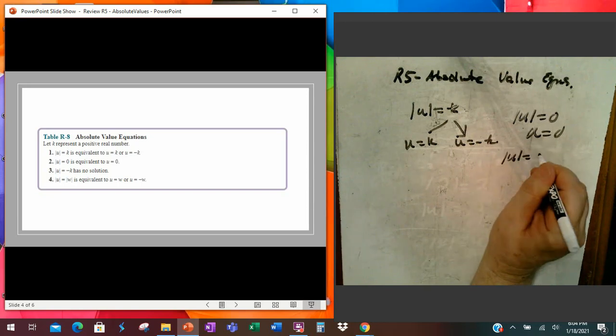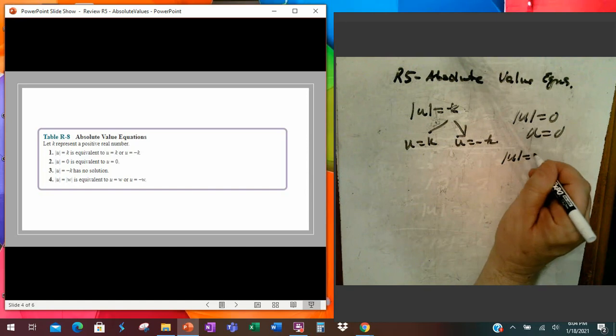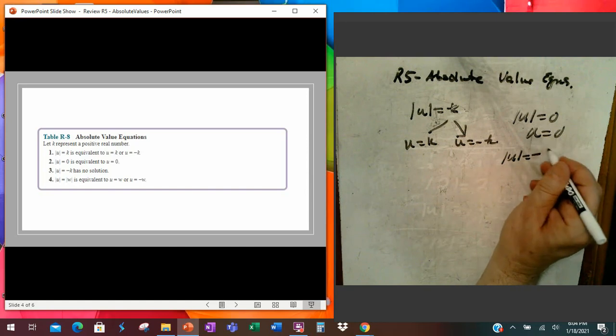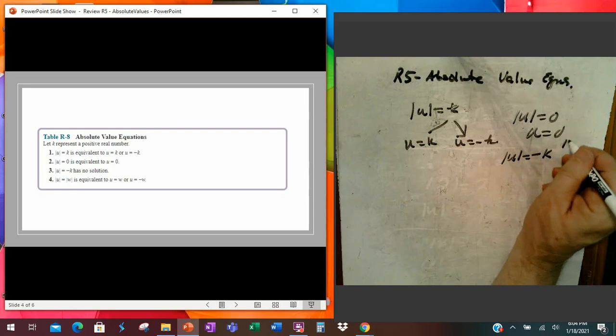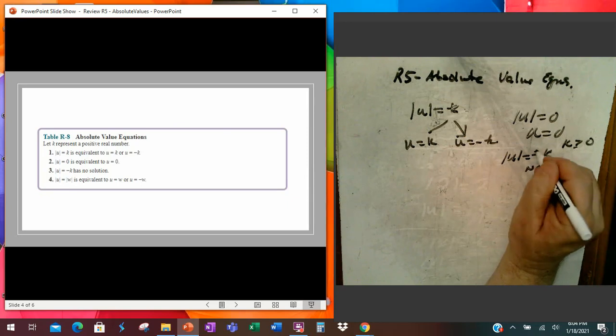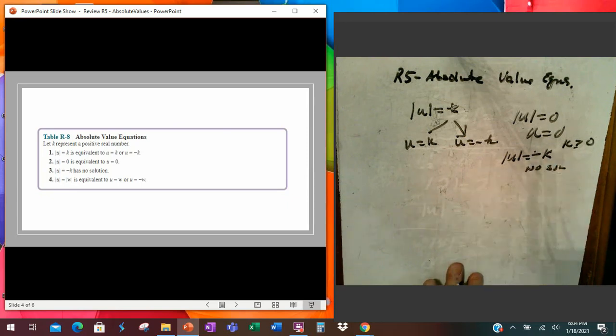The absolute value equal to a negative number, -k where k is positive, has no solution. This is like -3 or -5. There's nothing with the absolute value that's going to give me that.